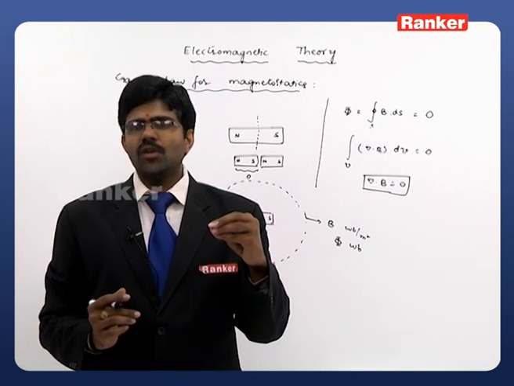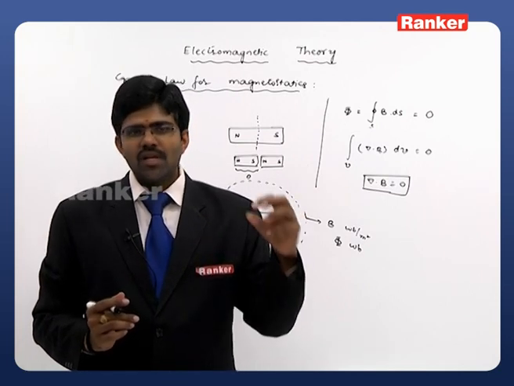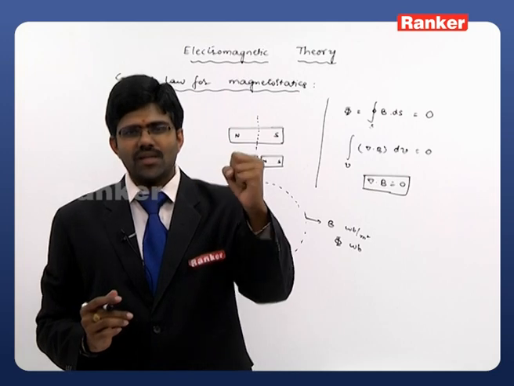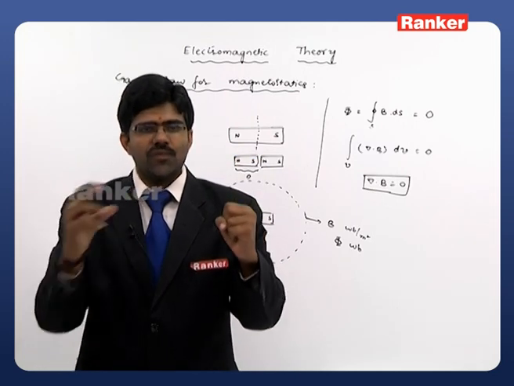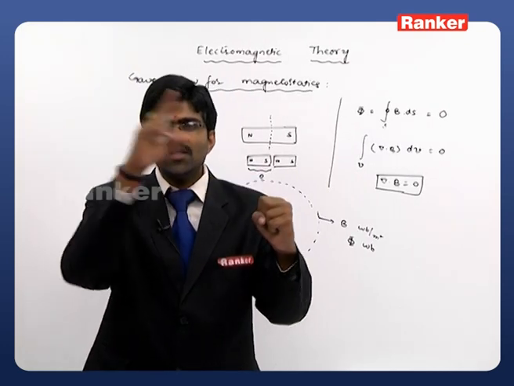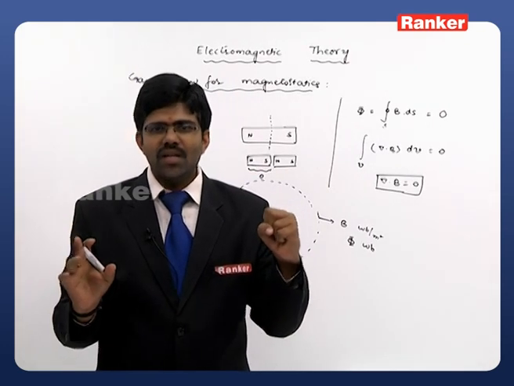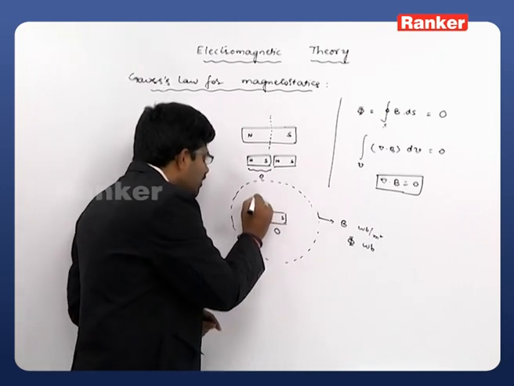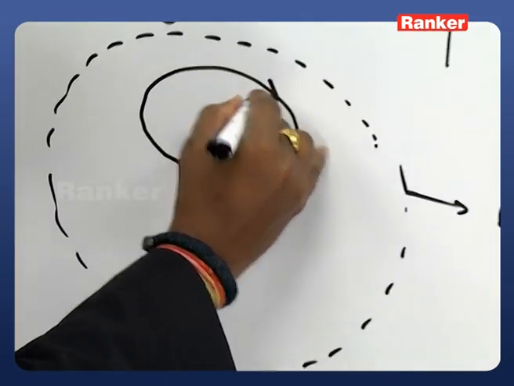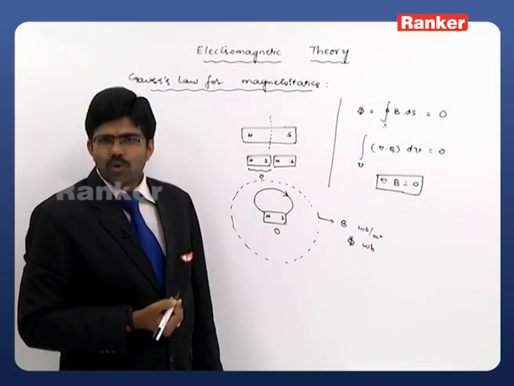But this phenomenon is not observed in electrostatics. If some flux is leaving from an electric charge, it may reach another electric charge. If it is leaving from a positive charge, it may reach a negative charge. But here, some flux leaving through the north pole may reach the south pole, which is on the same body.